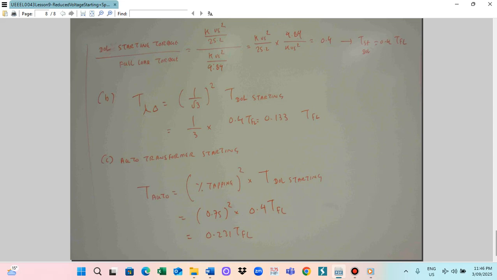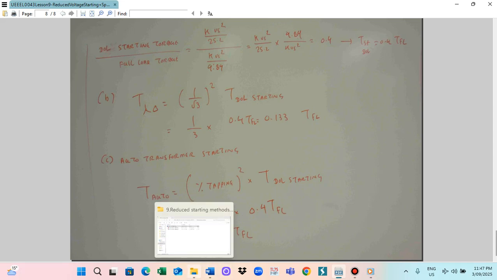The percentage stepping is already given: auto transformer starting with 75% stepping, so that is 0.75, and 0.75 squared times the direct online starting torque of 0.4 TFL. By solving this, the answer is 0.231 TFL. Okay, you see that this is a problem.